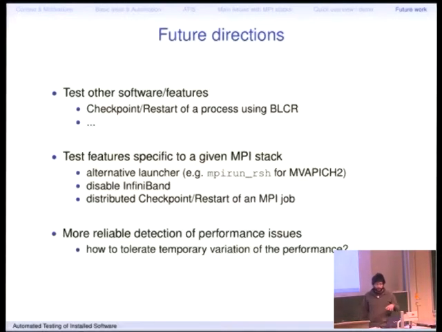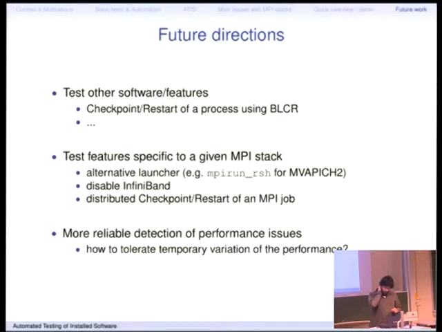Also testing other features which are specific to some MPI stacks, such as using an alternative launcher instead of mpirun, since some MPI families provide a different launcher. Try to make some runs by disabling InfiniBand, but also try checkpoint restart of an MPI job, which is even more difficult than checkpoint restart of a single process with BLCR.